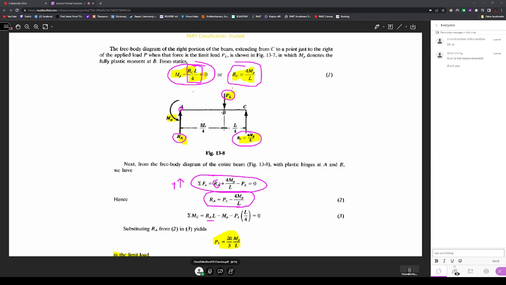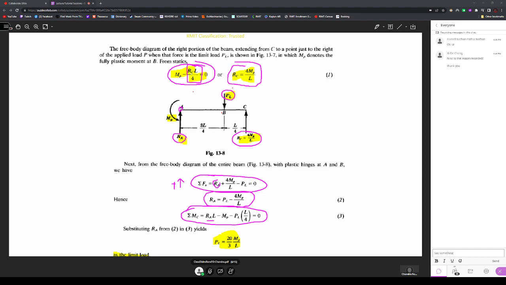So you get this expression for the sum of the moments acting at point C is 0. We are not calculating moment due to the reactionary force RC here, because we are equating the moments at C as 0. Then the moment due to the reactionary force RA is RA into L. Then there is a plastic moment acting at point B, which is MP. Then the moment due to the load PL.